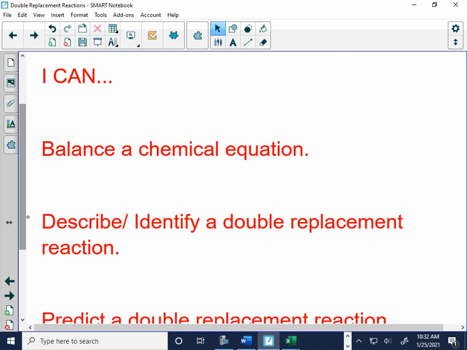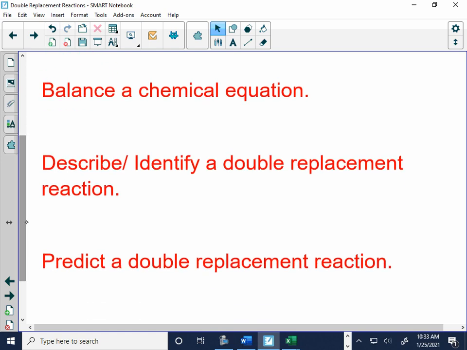Remember, one of the key parts is to be able to identify which type of reaction we're dealing with. These aren't too bad because we've been breaking them up. We've done them all individually. When I throw 5 different types all together, it gets a little tougher, and you need to be able to identify which type we're dealing with.